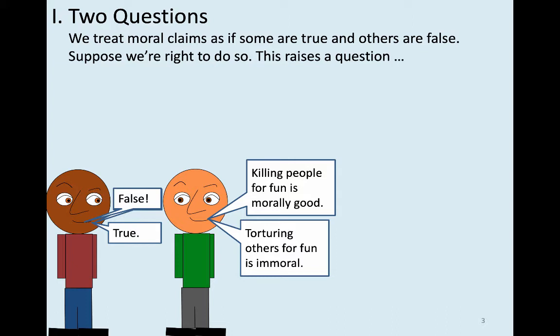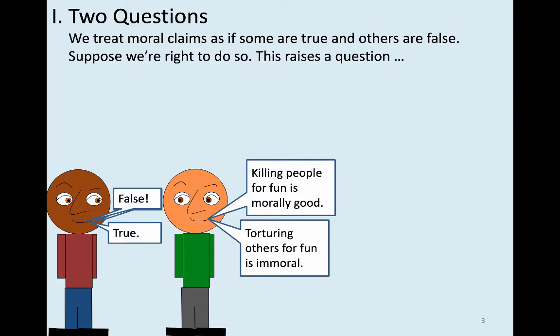That is, that some moral claims are true and others are false. Or if you don't like talk of truth and falsity in relation to morality, we might say some moral claims are correct and others are incorrect. Some moral claims are appropriately assertable and others aren't. Basically, there's valence here. Some moral claims are broadly good or true or reasonable, and others are broadly bad or false or unreasonable.